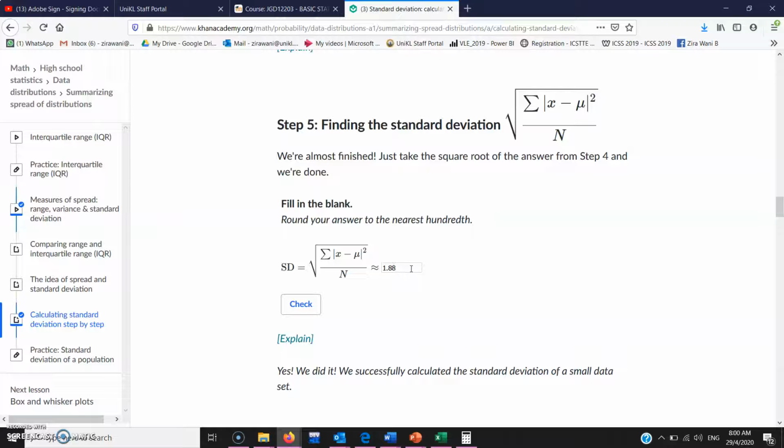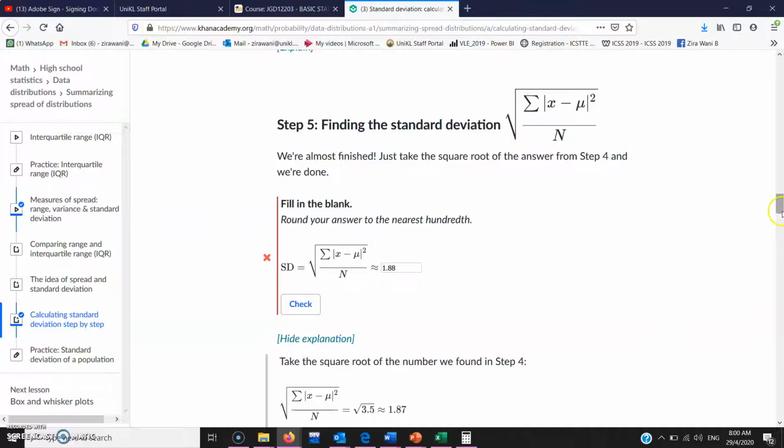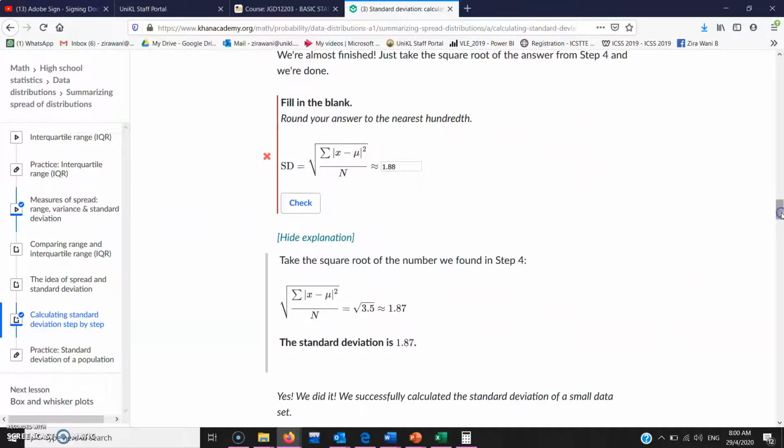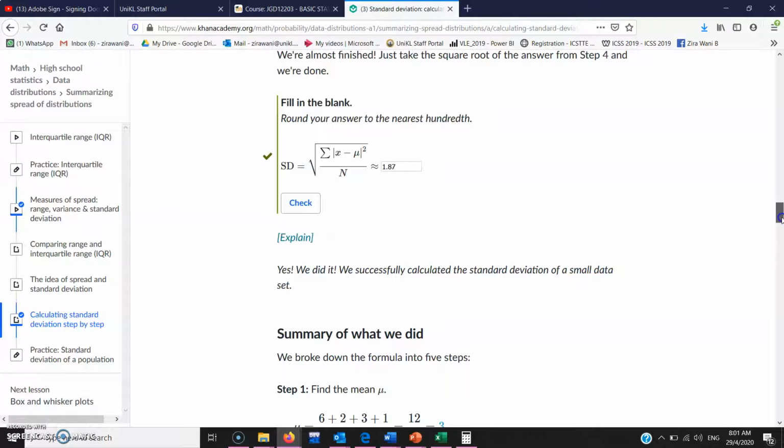Let's say 1.8. This is wrong. Then you can check the explanation here. It is actually 1.87 when simplified. Then we can change the result here and check again. Then we got the correct answer.